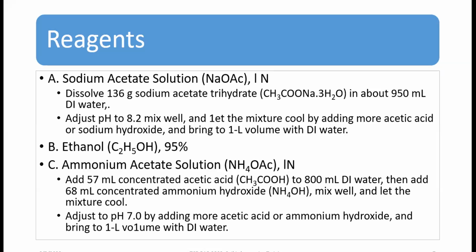For preparation of sodium acetate solution, you need to dissolve 136 gram sodium acetate trihydrate in about 950 mL distilled water, and you have to adjust the pH to 8.2 and mix well, and then let the mixture cool, adding more acetic acid or sodium hydroxide to bring to 1 liter volume with distilled water.